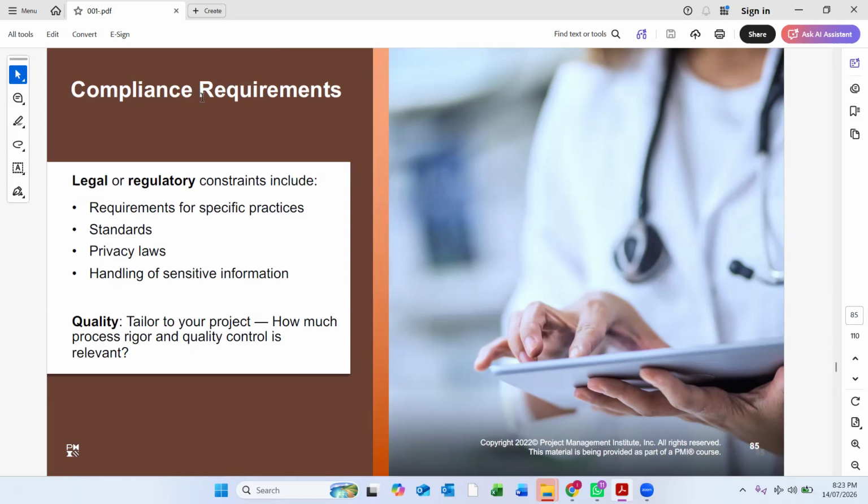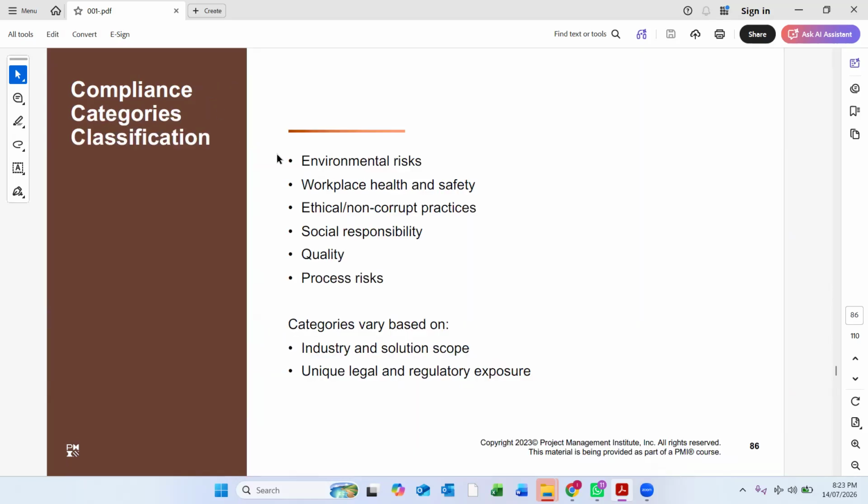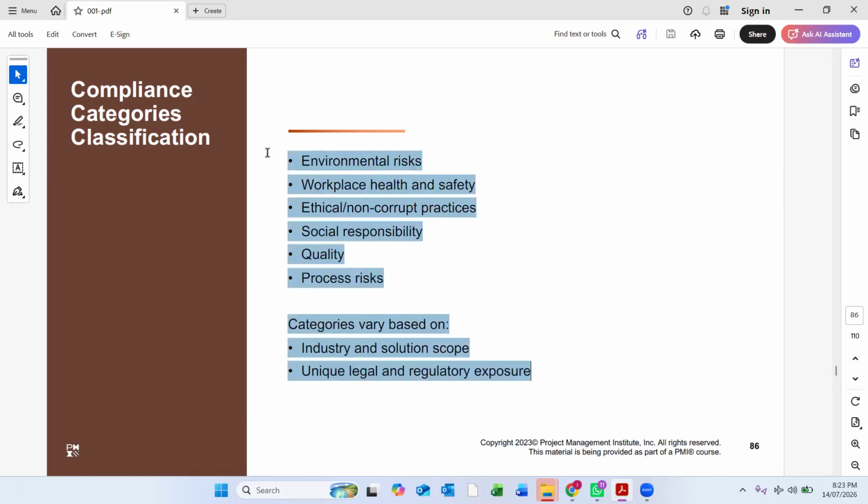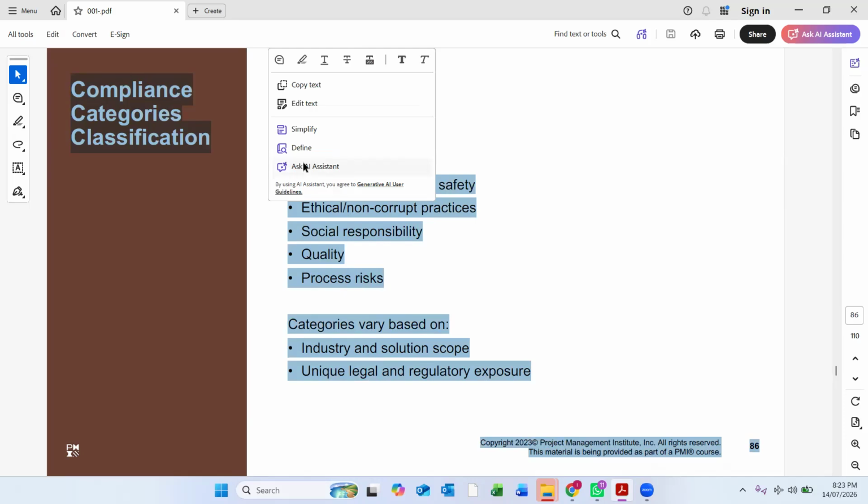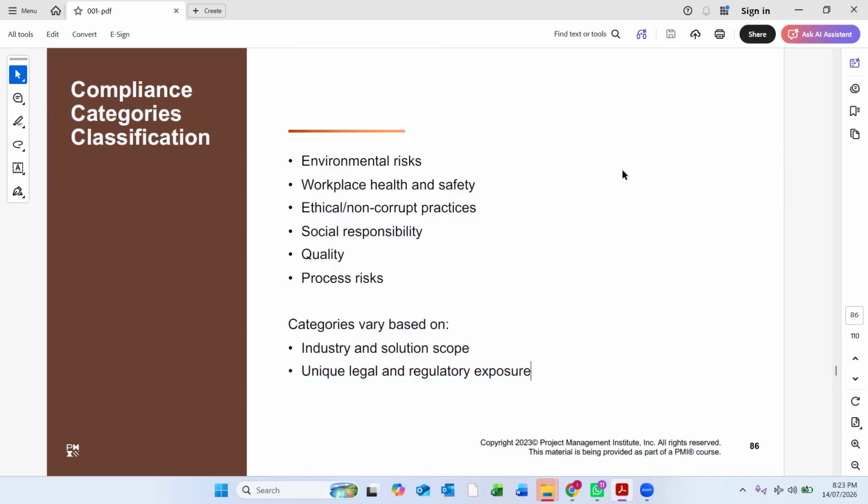Now, in the next one, we have compliance category classifications. So how we classify the compliance in terms of categories. Categories like quality, process, risk, social responsibility, how much we are ethical, non-corrupt practices should not be there. Workplace health and safety environment: what is the HSE environment, is there environmental risk, what will be the impact on the environment.